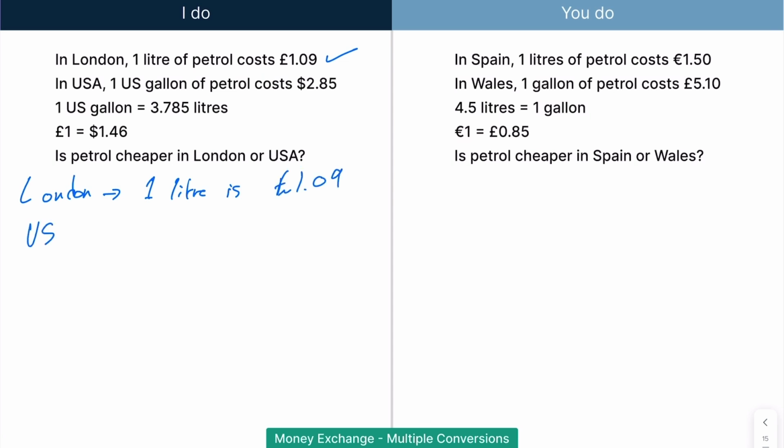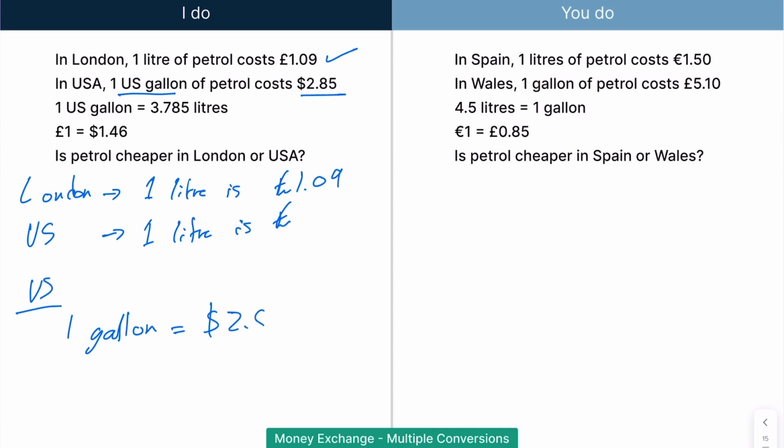And then in the US, we need to find this out. What is 1 litre, well, what is that in pounds? We don't know. So that's something we need to work out. So if I look at the US, it says 1 gallon costs $2.85. So the first thing we can write is in the US, that 1 gallon is equal to $2.85.